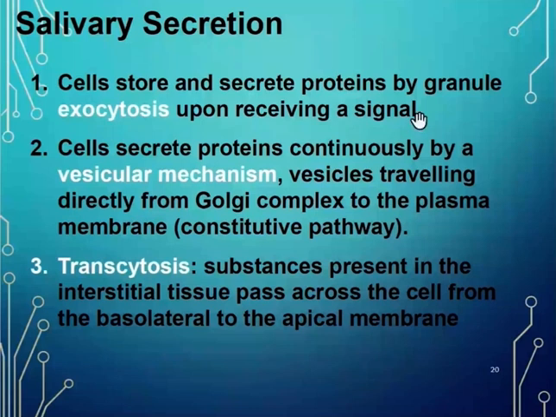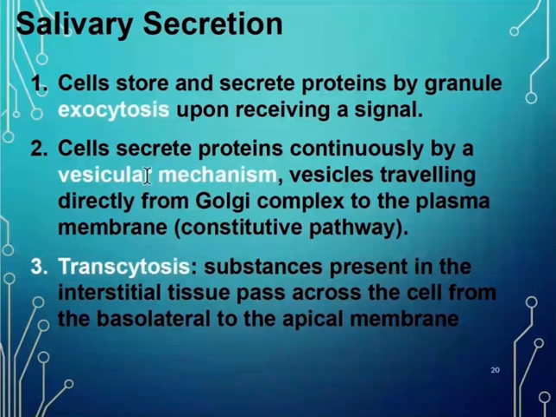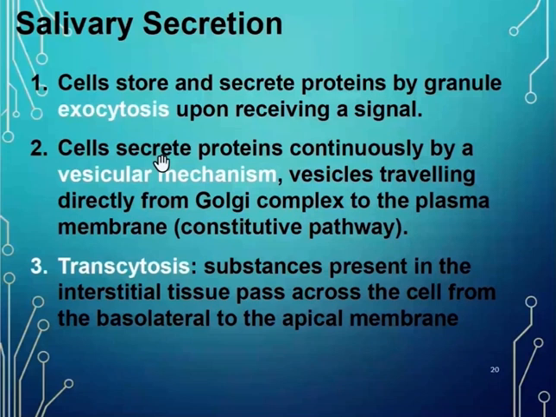While in the vesicular mechanism, it's continuously secreted. In about half an hour, the saliva is secreted from the Golgi directly to the plasma membrane or into the lumen. From the Golgi to the plasma membrane, this is called a constitutive pathway because it's from the basal to the luminal surface of the cell.